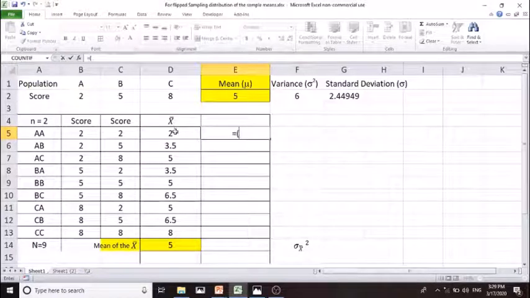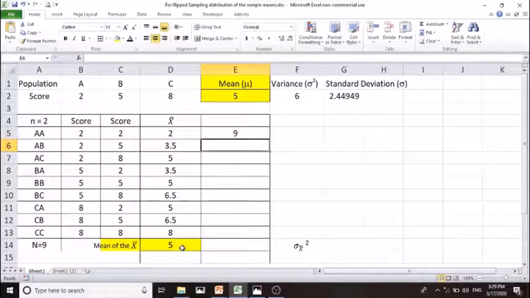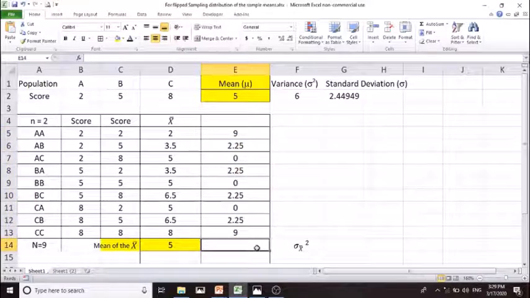The sample mean of 2 minus the mean of the sample means, the average squared distance, so raised to 2, and then we do the same thing for the rest.